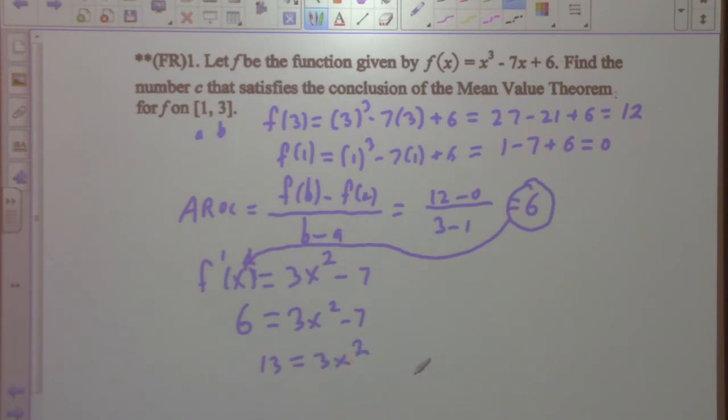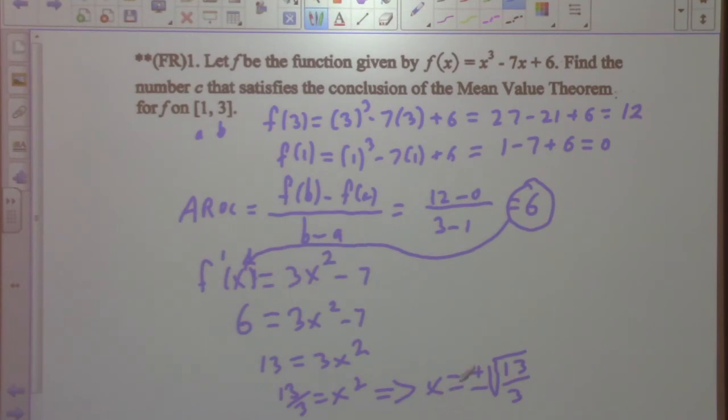So we get 13 divided by 3 equals x squared. So what is x equal to? x is equal to plus or minus the square root of 13 over 3, right?